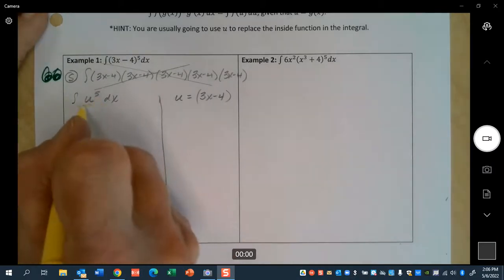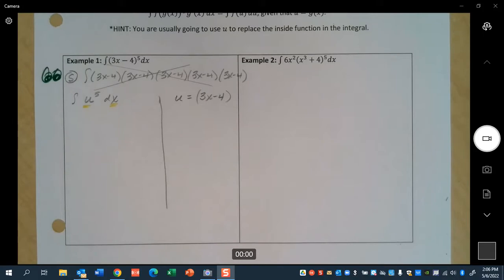We do have one problem. Anybody see the problem? Yeah. This means that you're going to integrate in terms of x, which is not a problem because I have x's. But I'm going to integrate my u in terms of x, and my variables don't match.